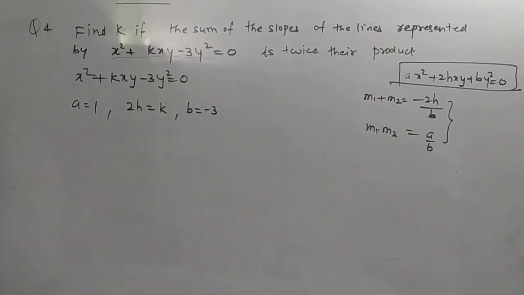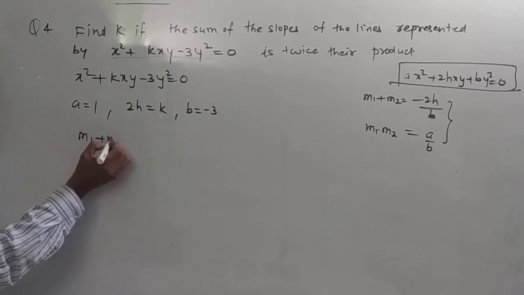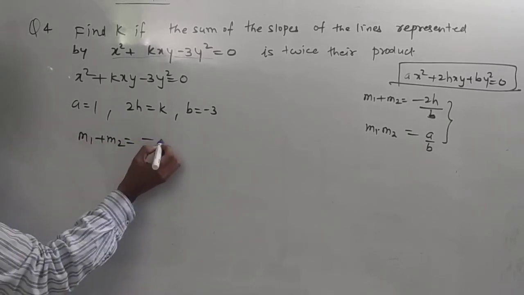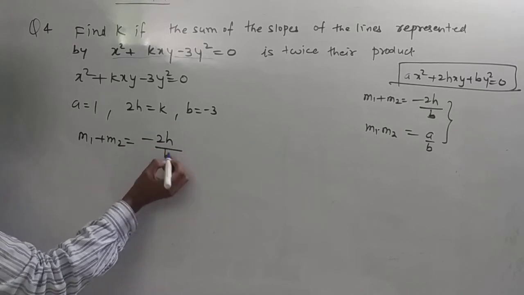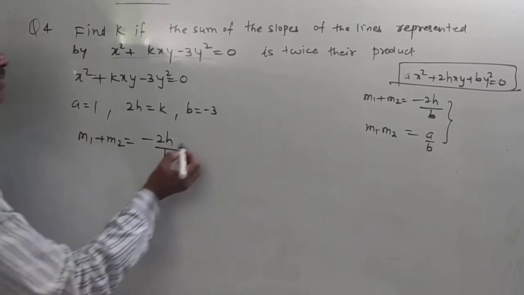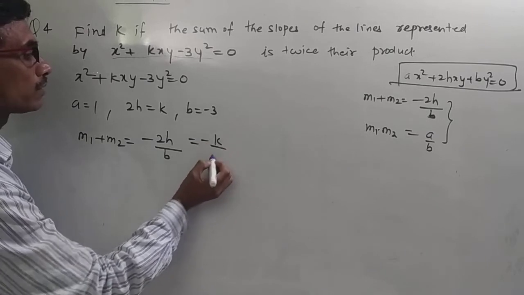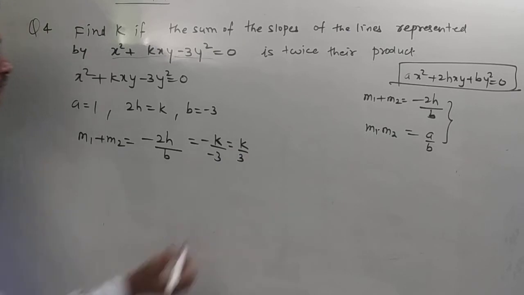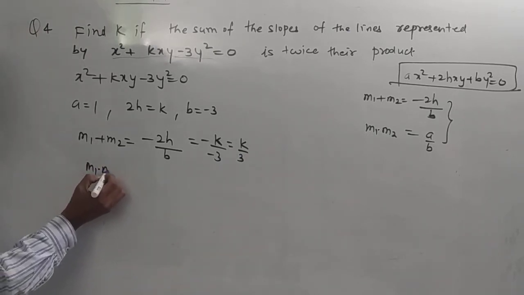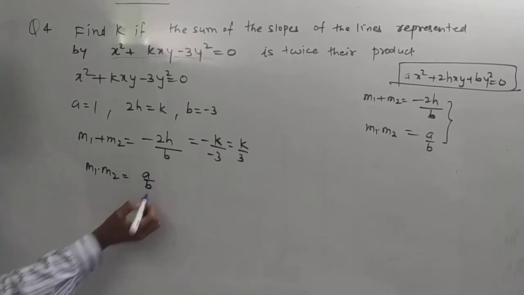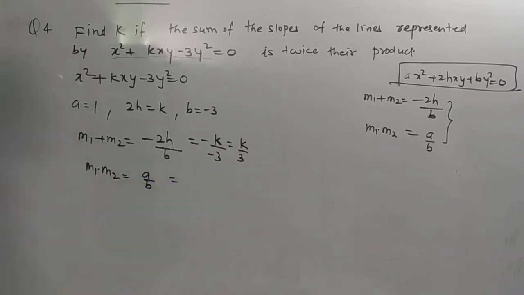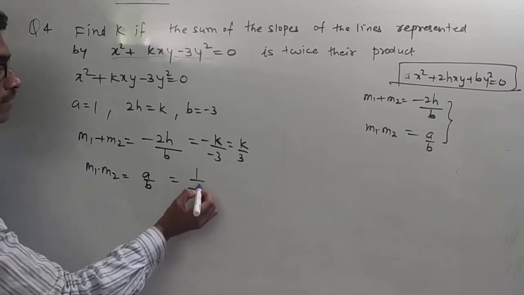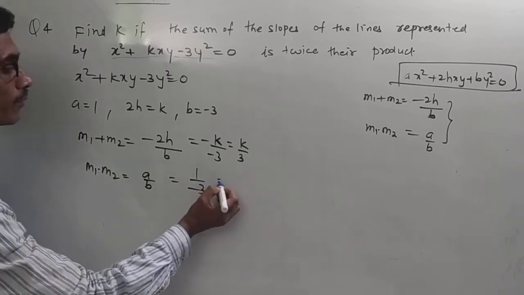Then you find m1 plus m2 and m1 into m2. m1 plus m2 is minus 2h upon b, which means minus k upon b. b is equal to minus 3, so it is k upon 3. Then m1 into m2 is equal to a upon b, where a is equal to 1 and b is minus 3, which is minus 1 upon 3.